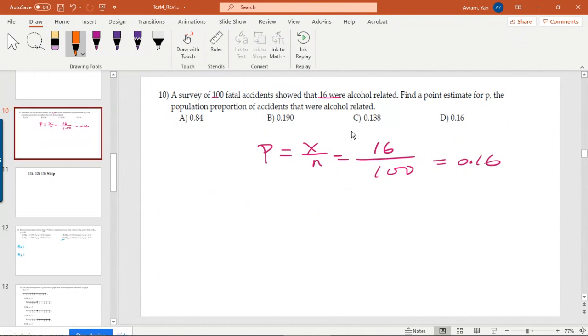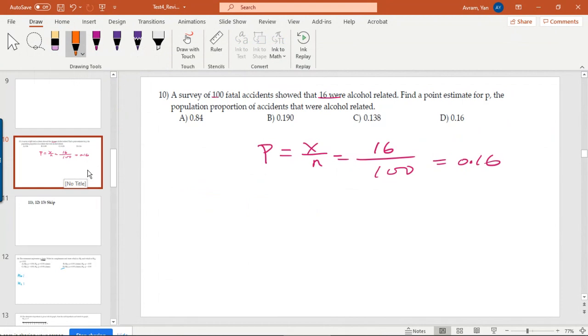Number 10 is the population proportion. Okay, we actually skipped the section 6.4 and 6.5. So the proportion is actually just using the number of x over n, right?